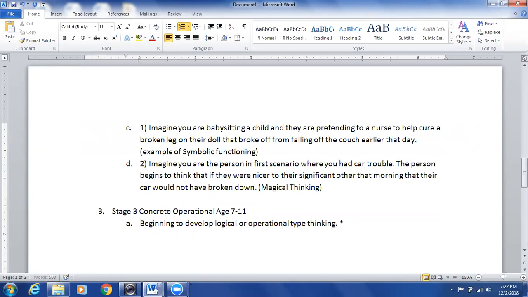A little caveat here, they can only apply their critical thinking to objects. That's important. It's only to objects, so that's where concrete is super important.